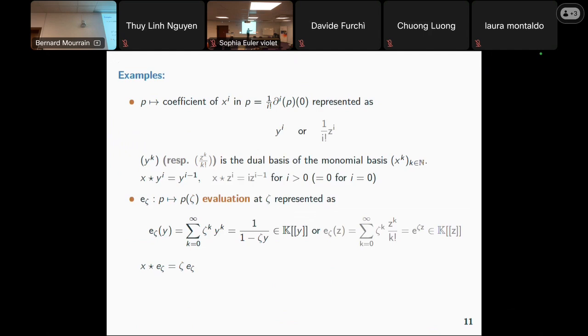And we recognize here the exponential of zeta z. And so the evaluation corresponds to the exponential in this format. You have seen already, for instance, when you have measures, when you have Diracs, and then you Fourier transform, you get some exponential. So it's related.